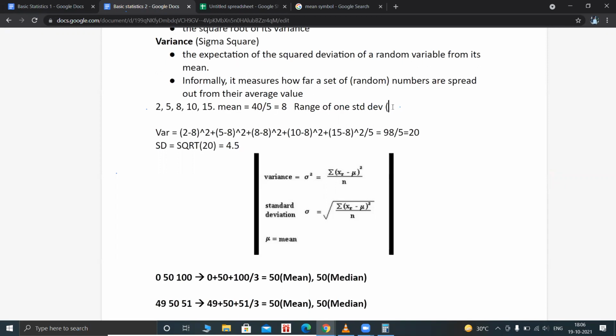Yes. So 3.5 to what is 8 plus 4.5? It is 12.5. Yes, it was 12.5, right?